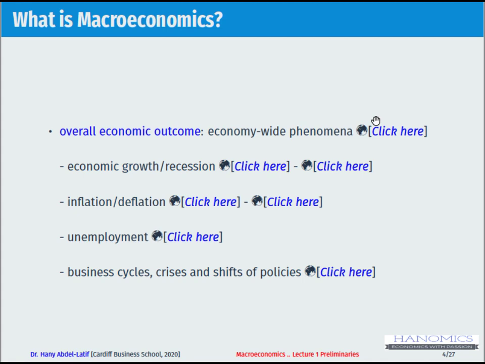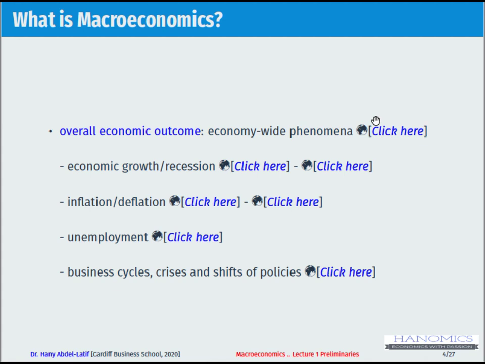And then how these agents interact together, and what sort of economic outcome we'll be looking at. So these are examples of some indicators that we are interested in in macroeconomics. We want to make some judgment about the economic performance of country A or country B. So we look at how much or how fast they grow, the inflation, the unemployment rate, etc. Also we look at business cycles, which are embedded in the nature of the economy: it goes up and down.